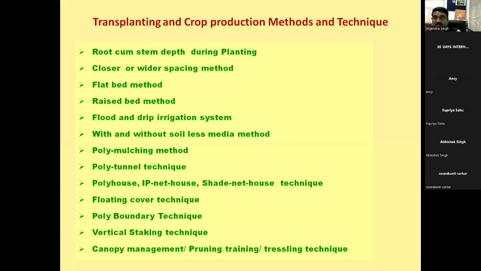If you adopt the IARI recommended technology, you will get more than 35 kg per square meter.